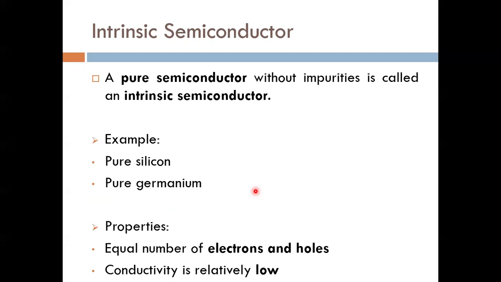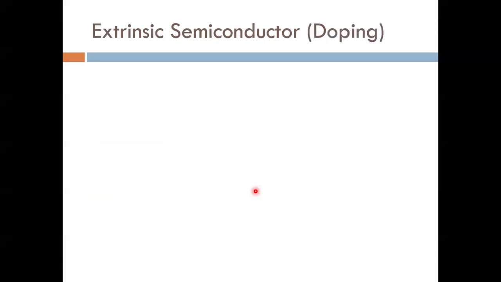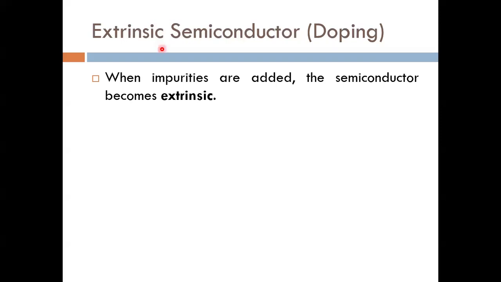So in order to increase the conductivity, what we do, we add some impurity. So the process to add the impurity is called doping, and then the semiconductor is called extrinsic semiconductor. So when impurities are added, semiconductor becomes extrinsic, and this process of addition of impurities is called doping.